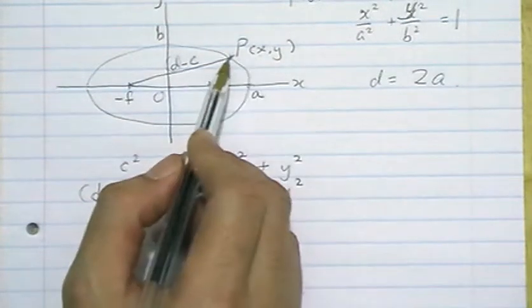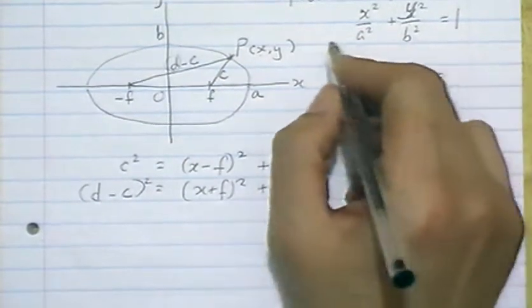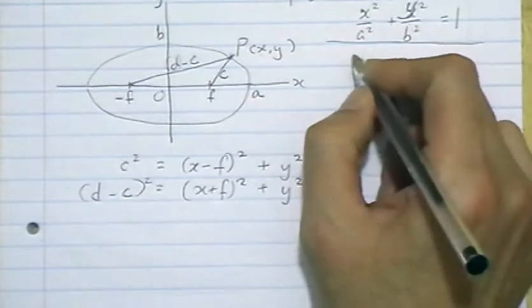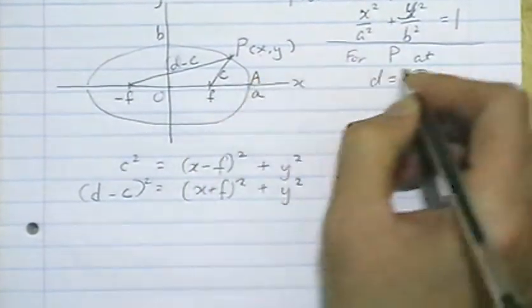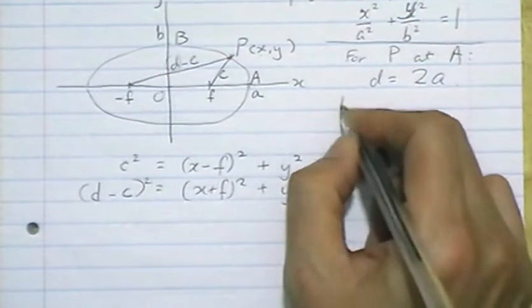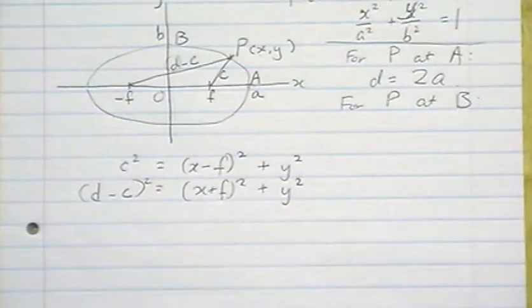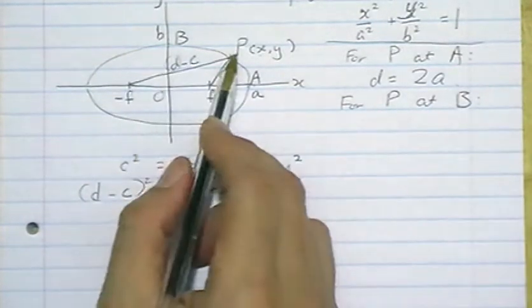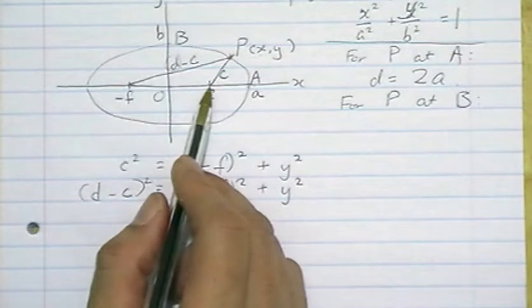Next, I'll call this point A and that point B. For P at B, the distance from here and from here are the same.